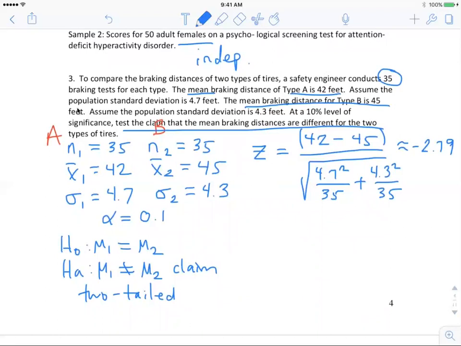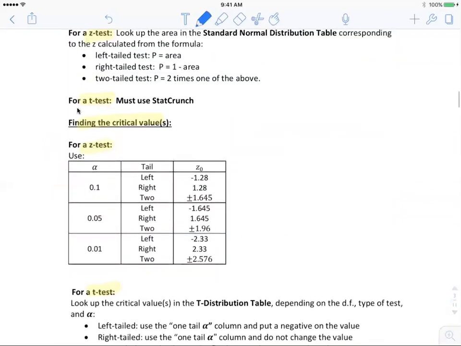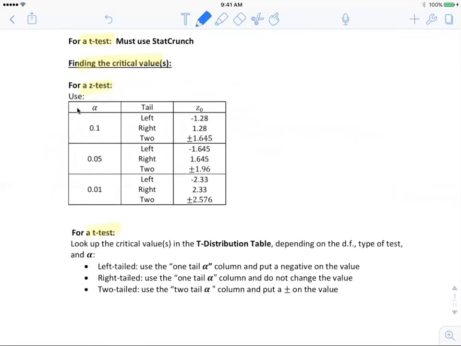If it's the critical value method and it's a standard common alpha, which it is, 10%, you can just look that up in these notes. It's that table right there, critical values for a t test, z test. We're doing 0.1, two-tail, there it is, plus or minus 1.645.